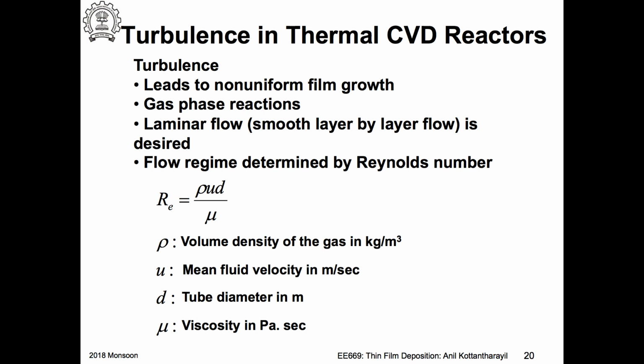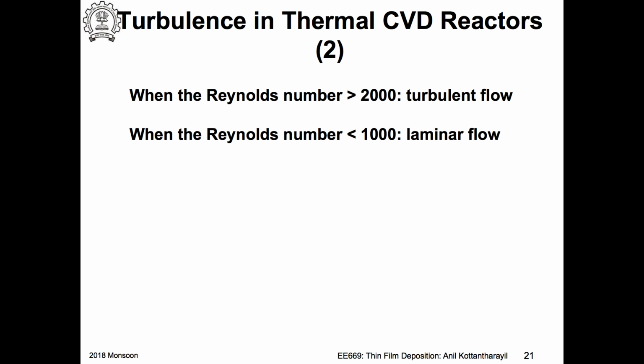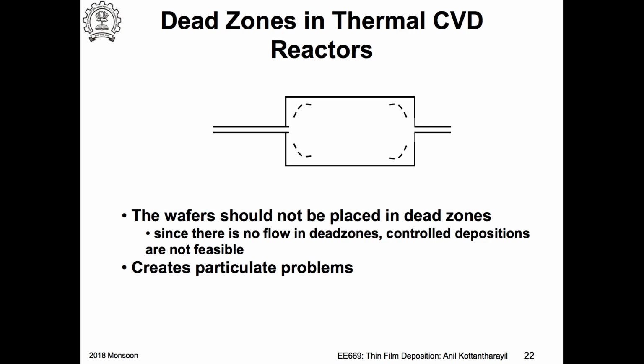Okay, and in the previous case we ignored it, but of course under certain conditions this is a laminar flow. So you can see here you would really like to maintain a laminar flow, and that is defined by the Reynolds number, which is defined by this equation, and all these parameters are defined here. Okay, so these are the conditions for laminar and turbulent flow.